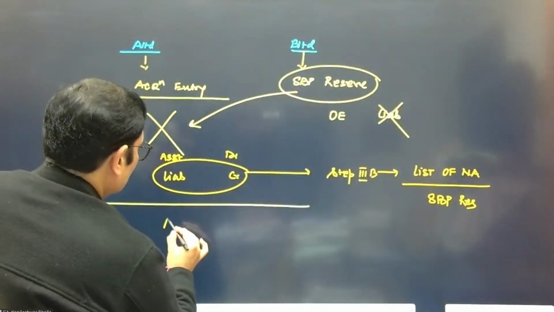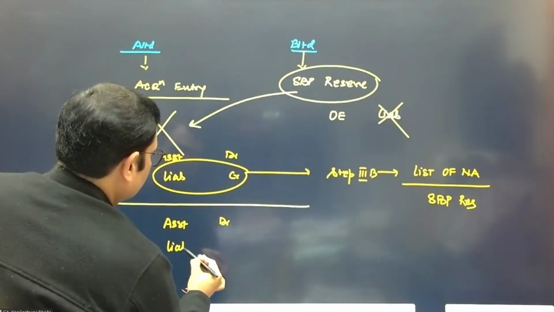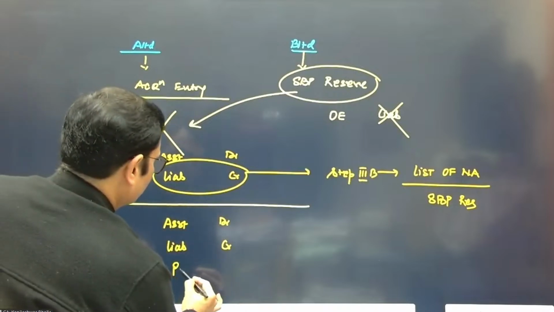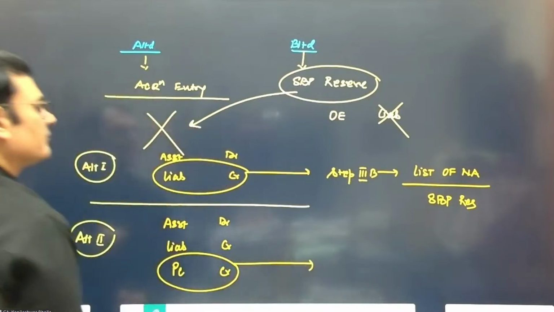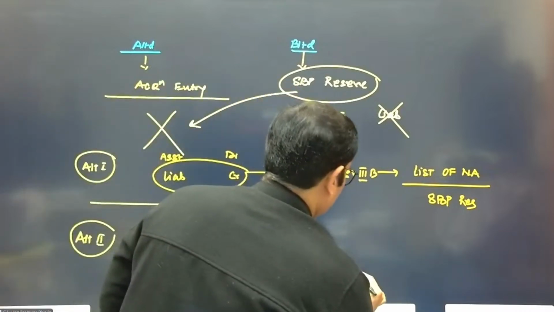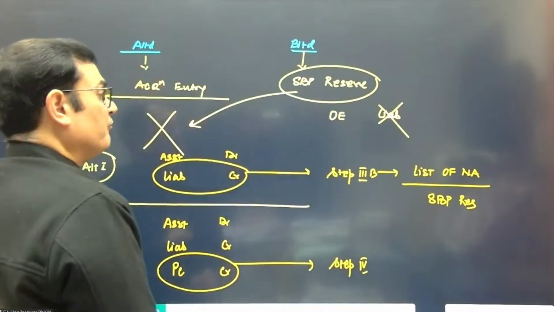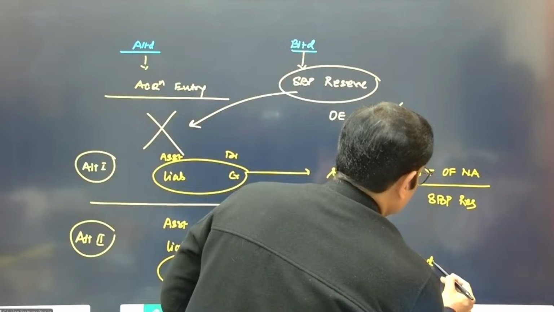Alternatively, when you put the entry assets debit and liabilities credit, don't take it as a part of the liability. What you can do, when you consider the purchase consideration in step number 4, you can include it in PC.